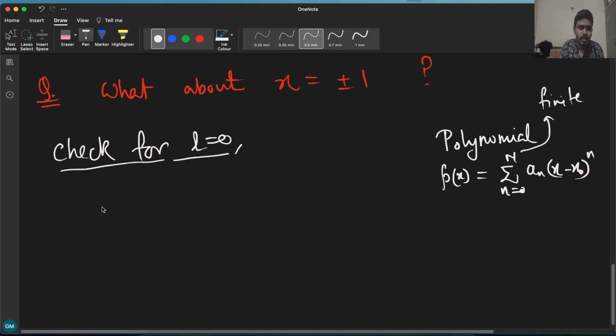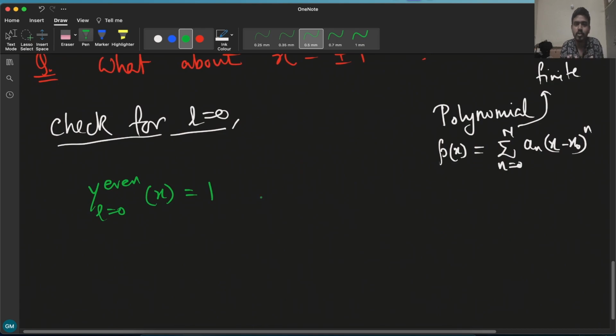In that case our even series y even for L equals to 0 equals 1. And it is finite, so we can work with this even series for L equals to 0.